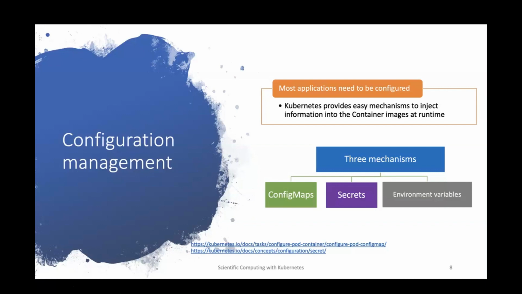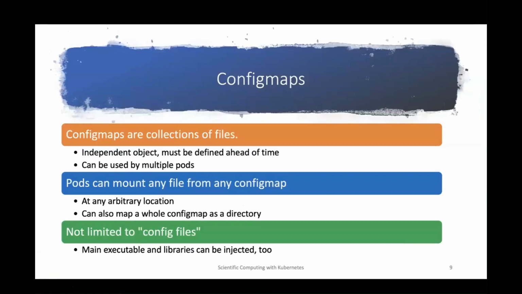So to do that, you need to inject something in the image that will allow you to specify what exactly your job will have to do. And there are really three mechanisms in Kubernetes. There are config maps, secrets, and environment variables. I'll go over the three of them separately now.